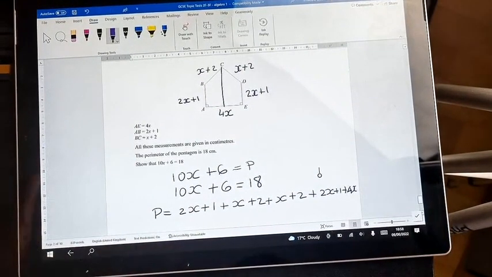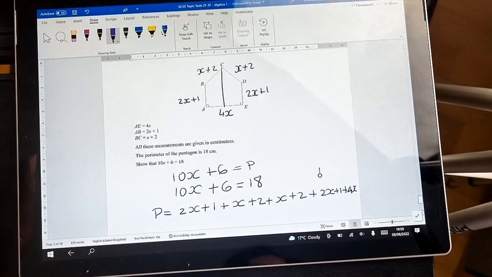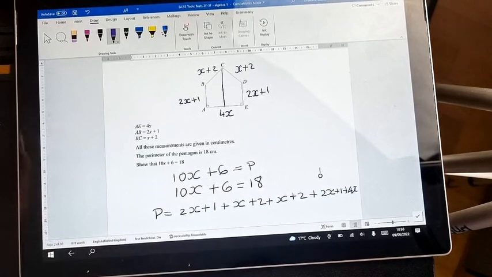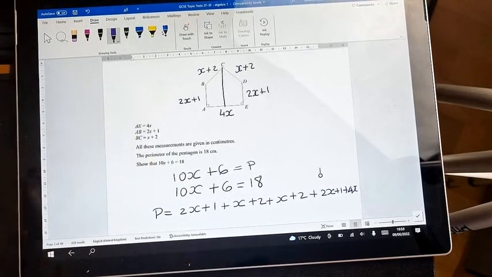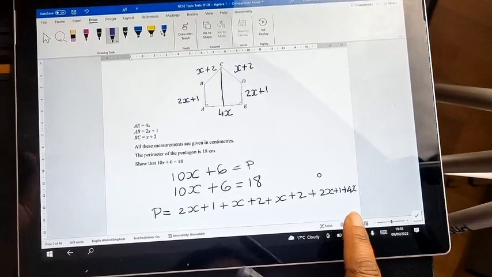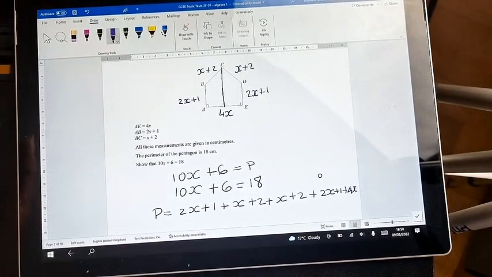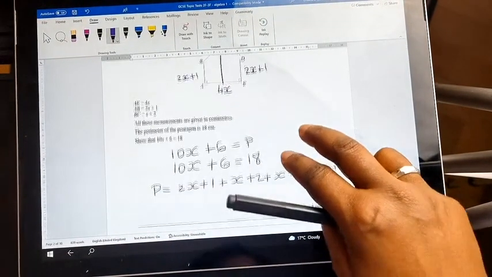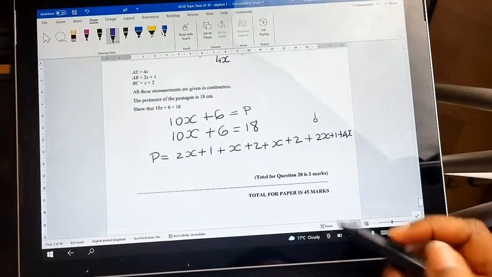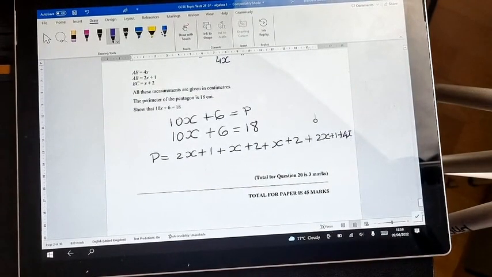So they just wanted you to prove that it is. Another way to do it is finding the value of x and plugging the information in, but that will take a long way around. So by simplifying this, you get to the same value, and that's the beauty of it. So you would get the 3 marks here.